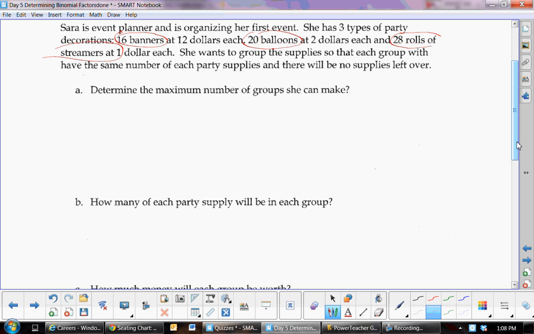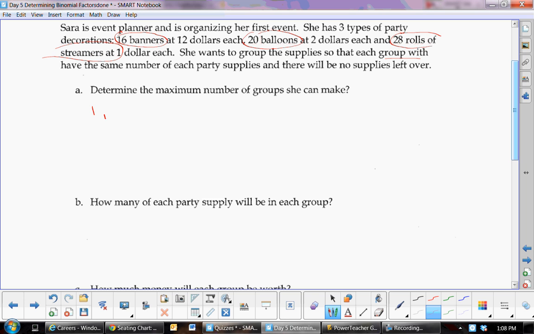So if they all have to be equal, what are some options? 6 piles? What did you say? 4 piles? Okay, could you have 1 pile? Yes, you could. Or 1 group. So she wants to group, right?